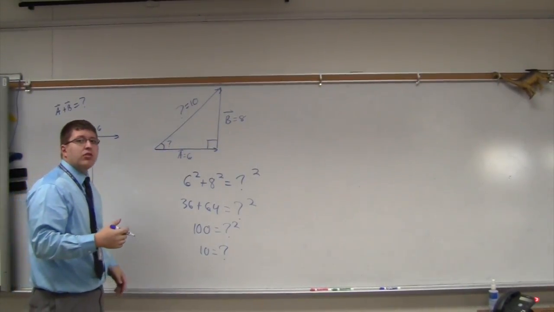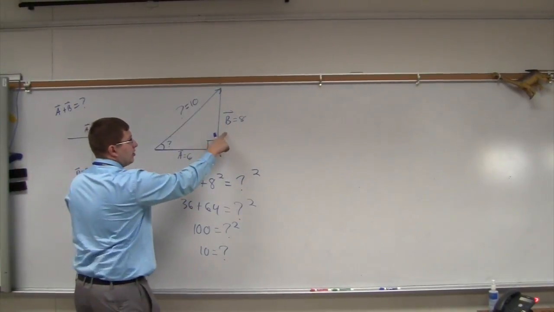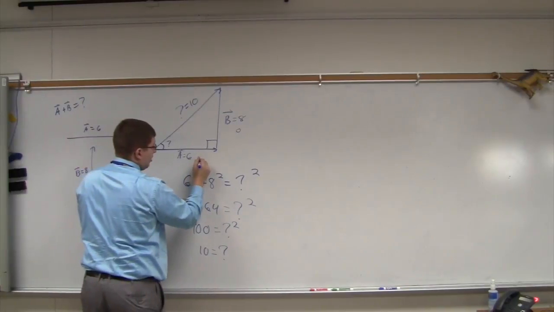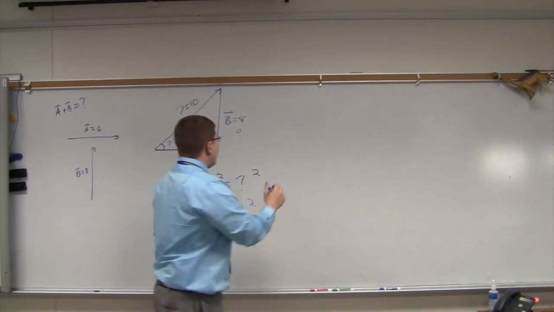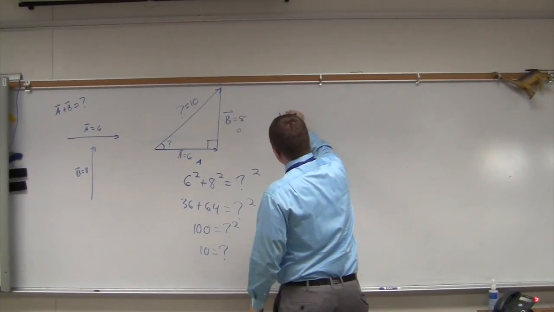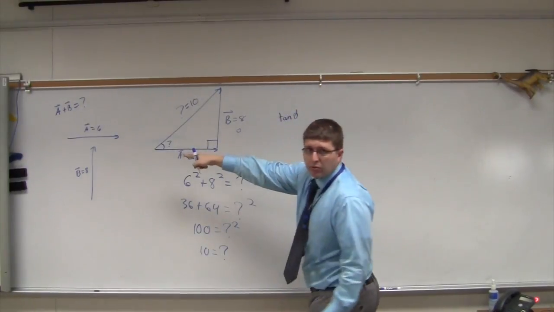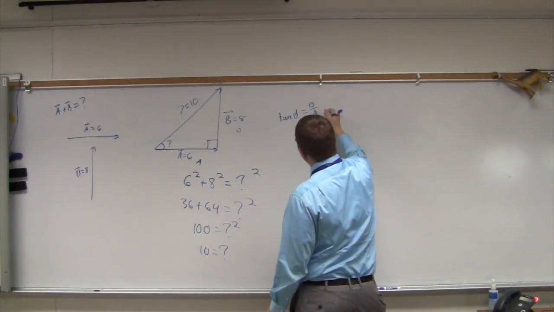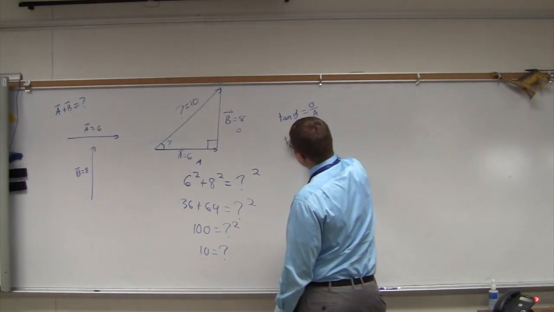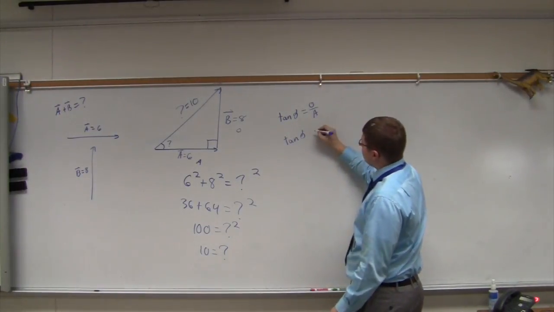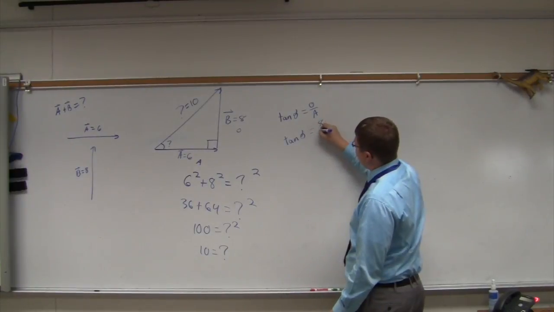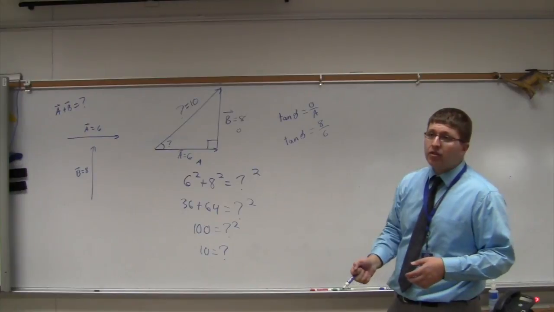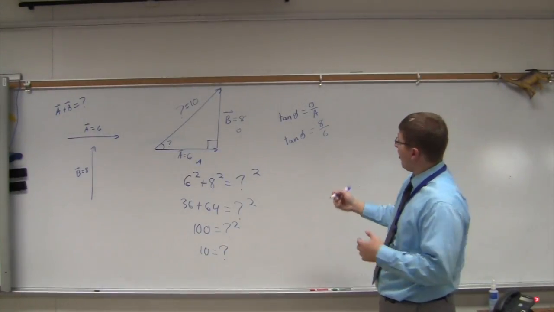And so we should be able to do that with a little bit of trigonometry. It looks like B is my opposite side, A is my adjacent side. And so the tangent of theta, which is what I'll call that angle, is equal to opposite over adjacent. And so the tangent of theta is equal to 8 over 6. And now this is where you have to use those inverse trig functions.